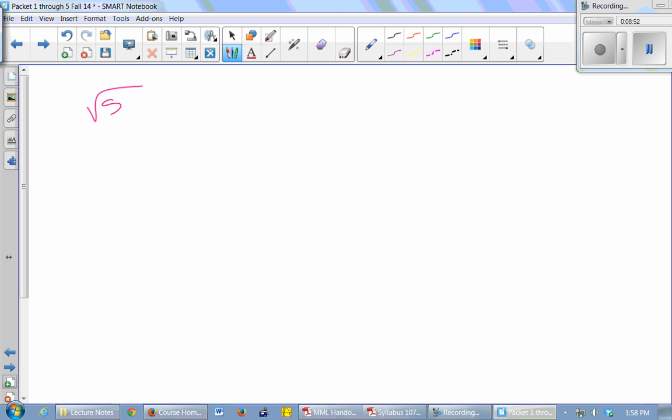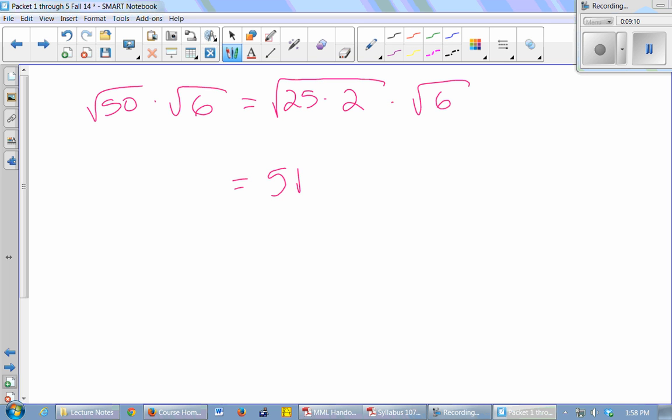So if I have root 50 times root 6, we'd say, well, root 50, is there a perfect square that goes into 50? 25. So I would write this as the square root of 25 times 2 times the square root of 6. Square root of 25 is 5. So this is 5 square roots of 2 times the square root of 6. Now I use the rule where I can multiply radicals. So this becomes 5 times the square root of 12. Is there a perfect square that divides into 12? 4.